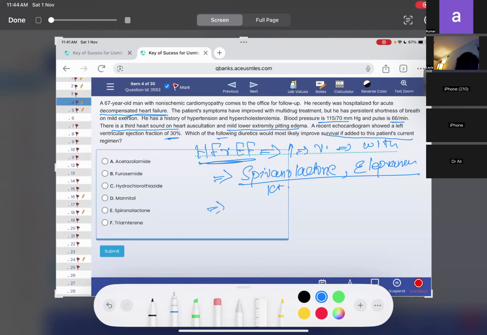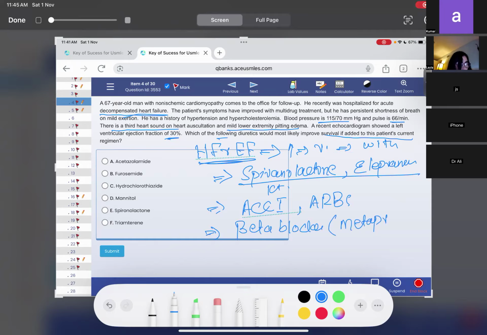And number two, ACE inhibitors and ARBs. And the third is beta blockers, like bisoprolol, metoprolol and carvedilol. Most probably carvedilol or metoprolol are used.